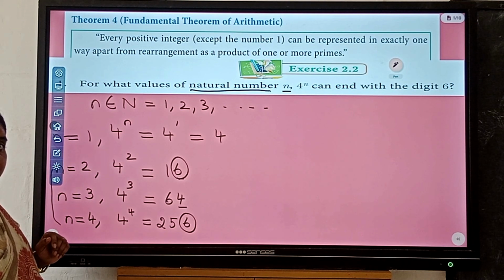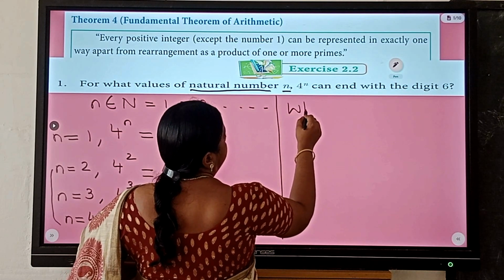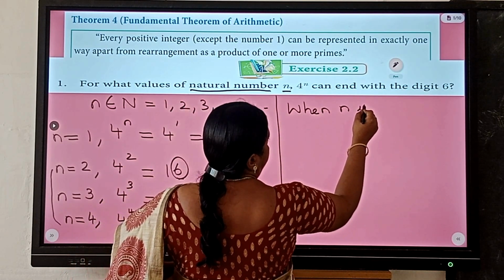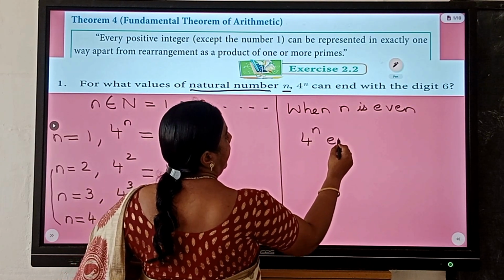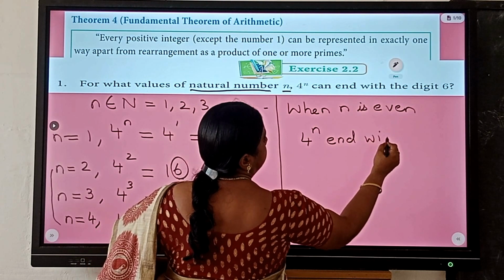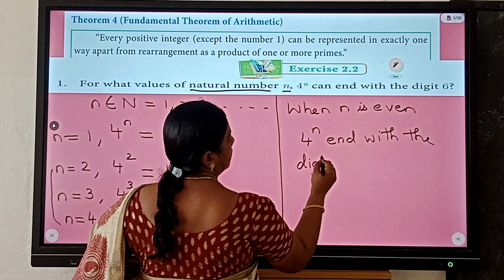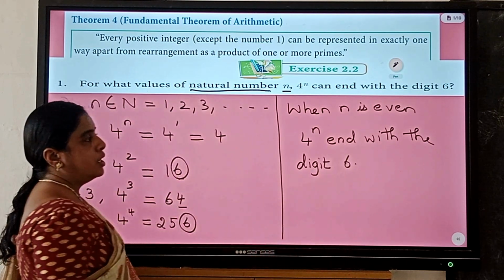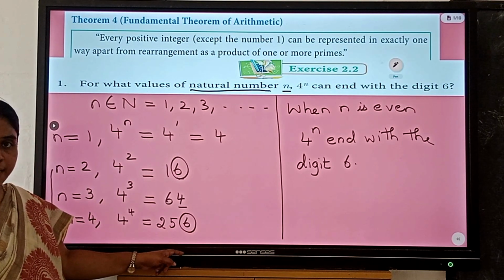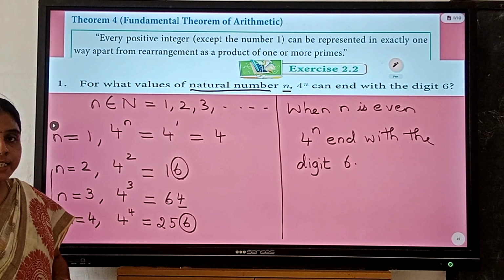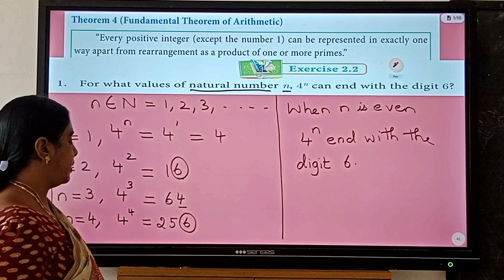When n is an even number, 4 power n ends with the digit 6. So I conclude that 4 power n ends with the digit 6 when n is even.